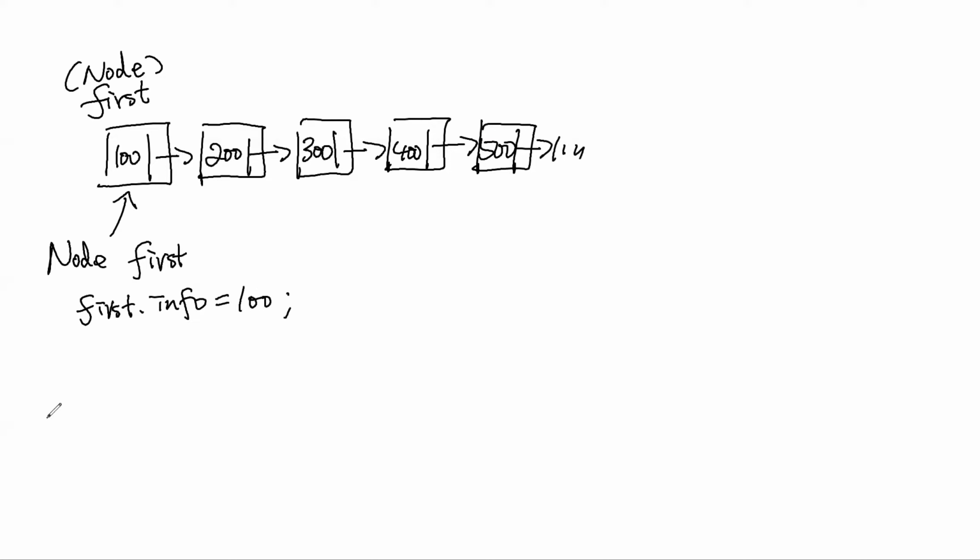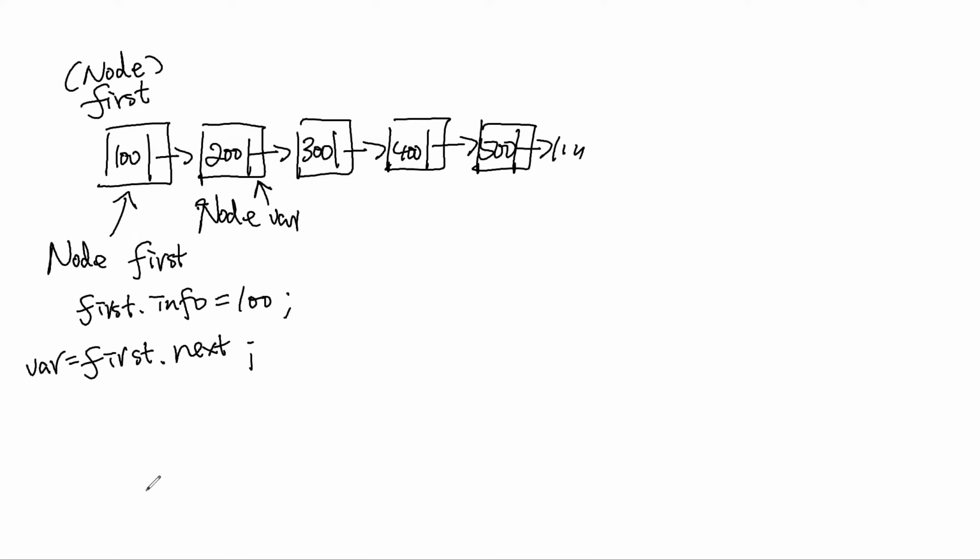And first next is a node. And suppose we have a node variable, and we want to point to the second node. How do I do it? You can do variable equals first dot next.